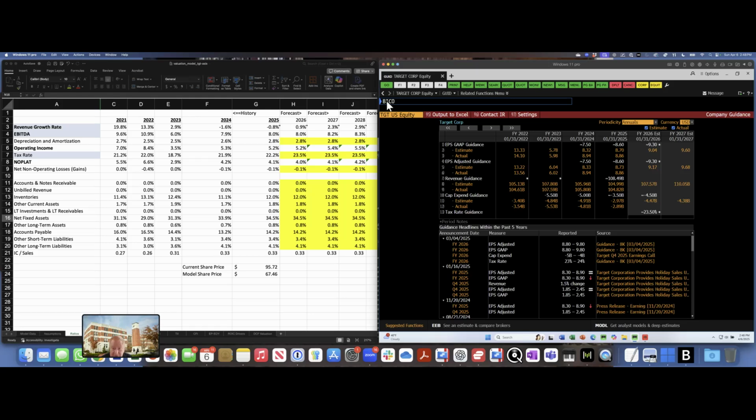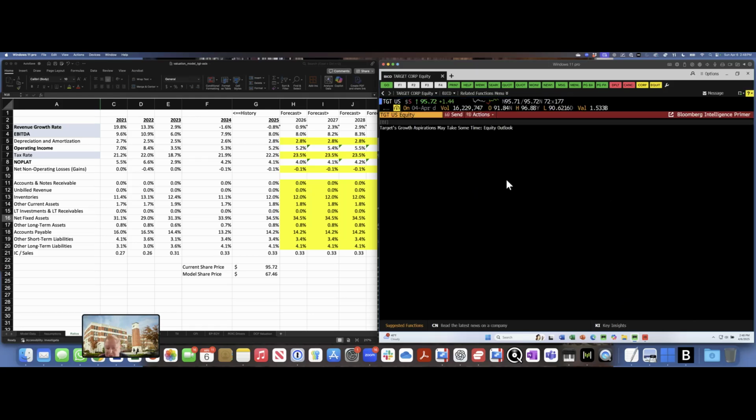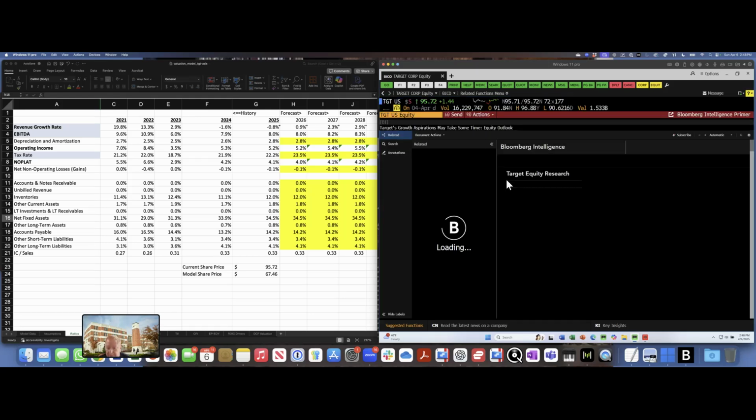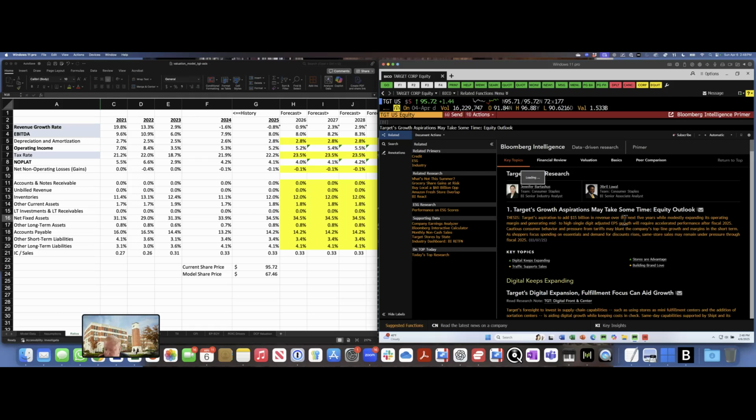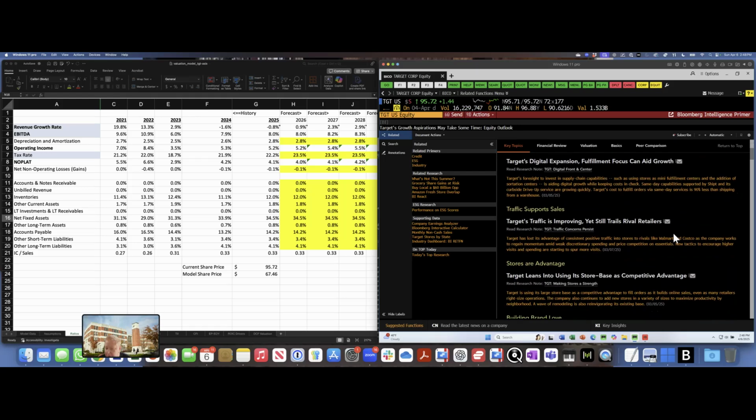So help us kind of flesh out our as-is, as well as think about our bull and our bear. So they're saying that they want to do 15 billion more revenue while expanding their margin. However, cautious behavior and tariffs might blunt some of this growth, particularly in the short term.